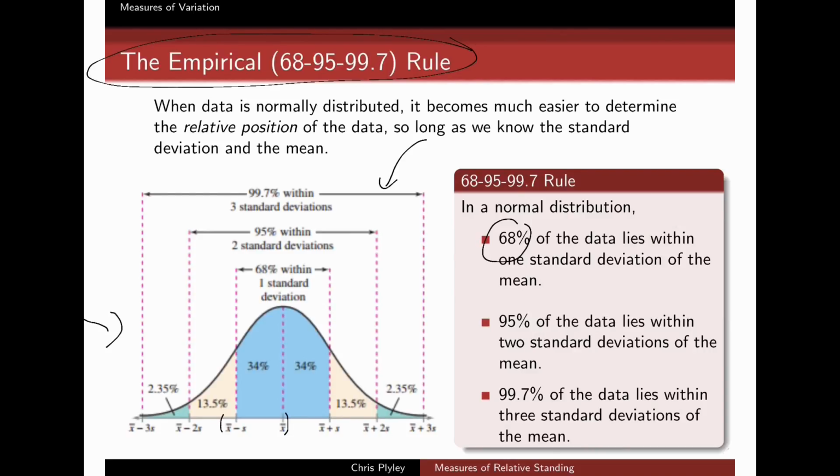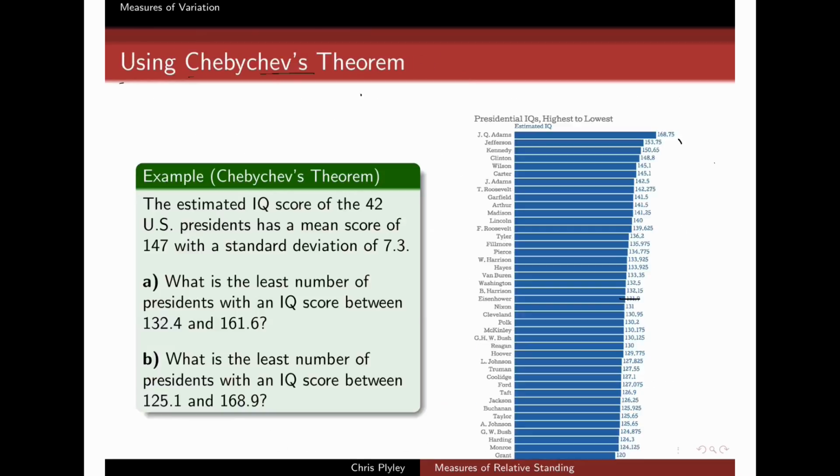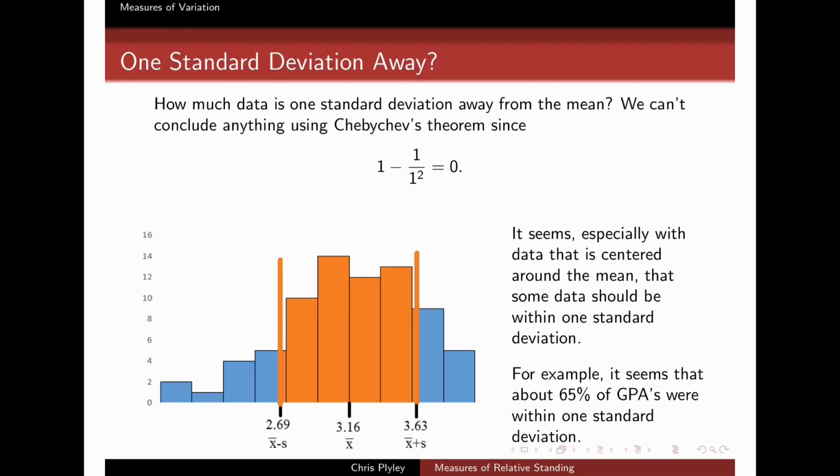For instance, if this data was a perfect bell curve, perfectly normally distributed, then I would be able to say that 34% of my GPA scores should be between 2.69 and 3.16. And I could also say that 68% of my GPA scores should be between this entire range, from 2.69 to 3.63.